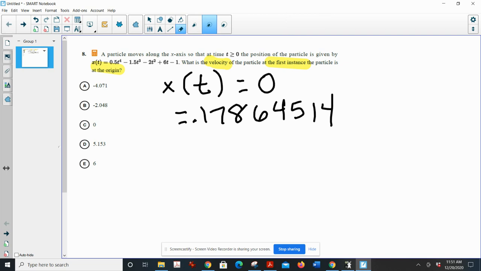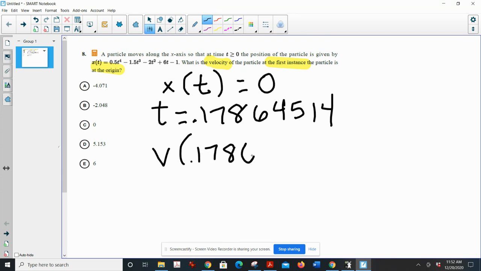So let me fix that a little bit, just so it makes more sense in the context of the problem. So this is the time that we're interested in. We want to know the velocity. And notice I'm keeping all those decimal places for the moment. AP only requires 3 decimal places.